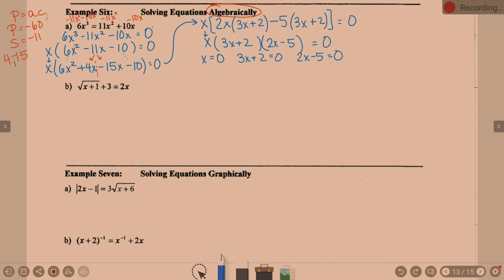Can you handle it if I don't show the work here? X equals 0. What else? Negative 2/3 and positive 5/2.